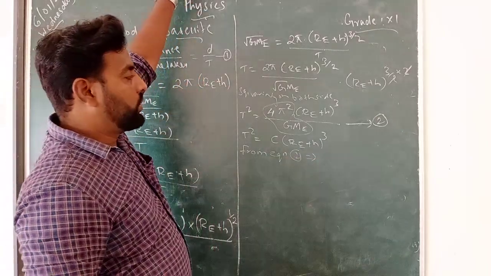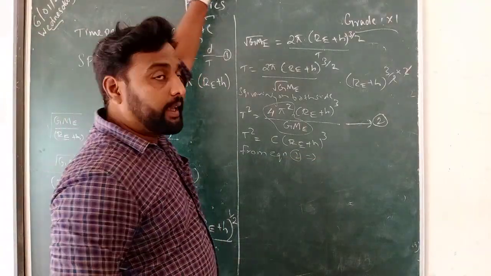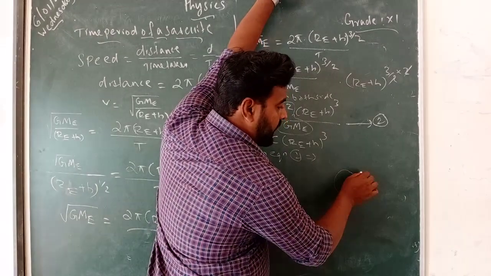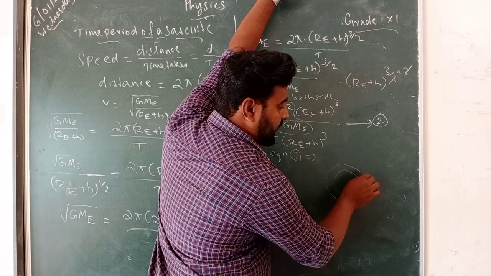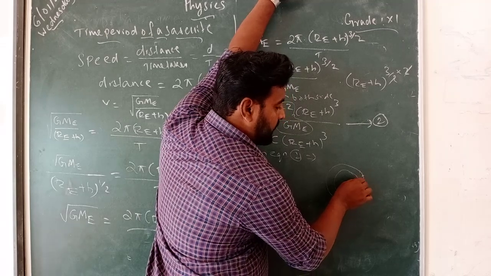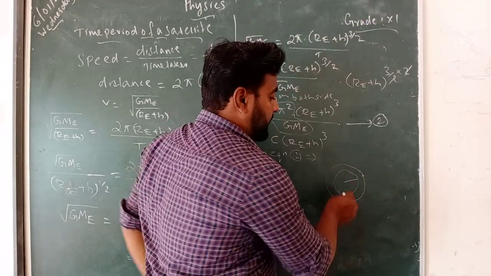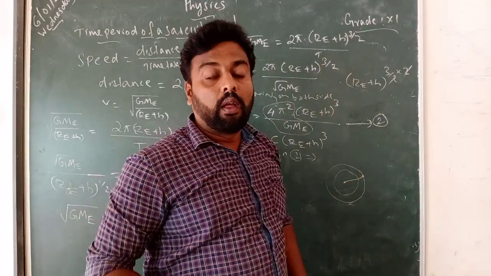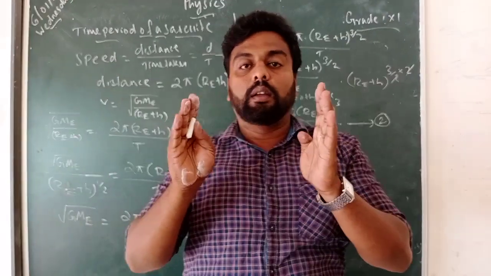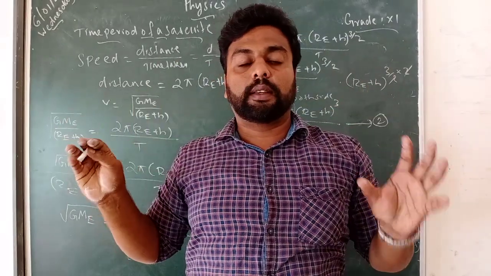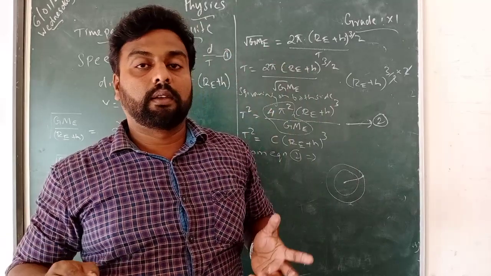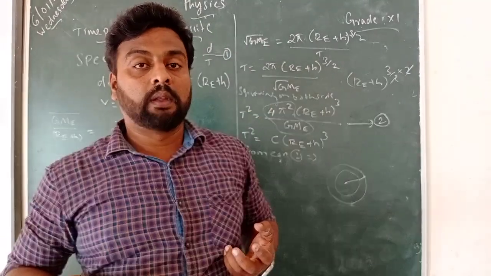Now what we are going to do is, you see, this is the earth and here the satellite orbit. This radius is very much greater, this height is very much smaller. The radius of the earth is very much greater than the height where the satellite is revolving around the earth.